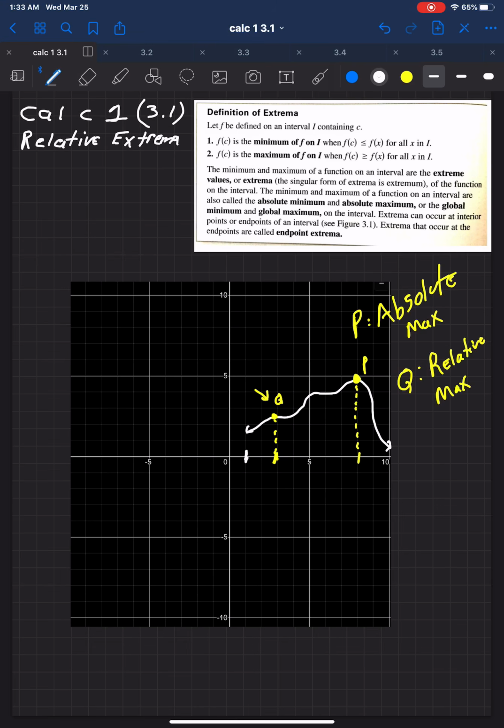Maybe that doesn't show up very well, so let's make sure you understand that it dips. If you walked slightly to the right or slightly to the left, you would be making less money than you were at point Q. So that's the idea. We have relative mins, relative maxes, absolute mins, absolute maxes.